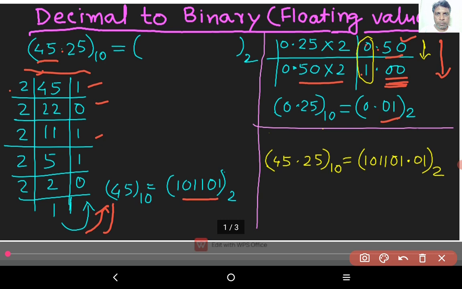Now we concatenate the binary part of 45, which was 101101, and the binary part of 0.25, which was 0.01, and we get the binary form of the decimal value 45.25.